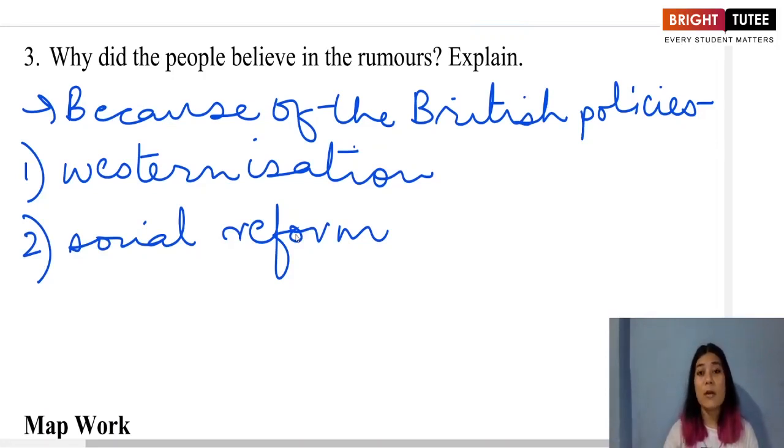So the British government abolished these practices of performing sati and child remarriage. Now, when this happened, the Indians felt that their traditions and cultures were constantly coming under the criticism of the British, and the British did not respect their traditions and cultures, and they were hell bent on getting rid of them.